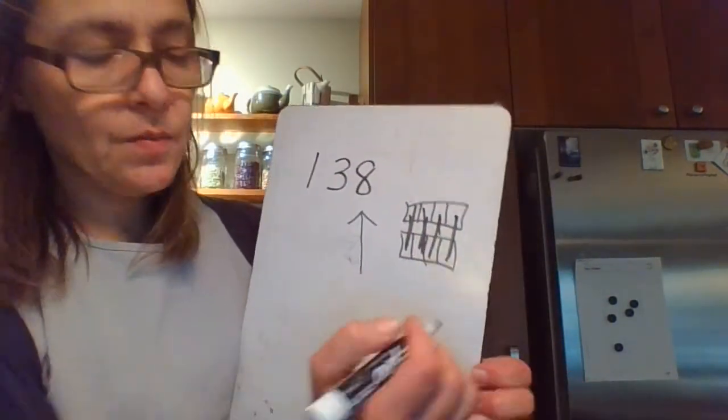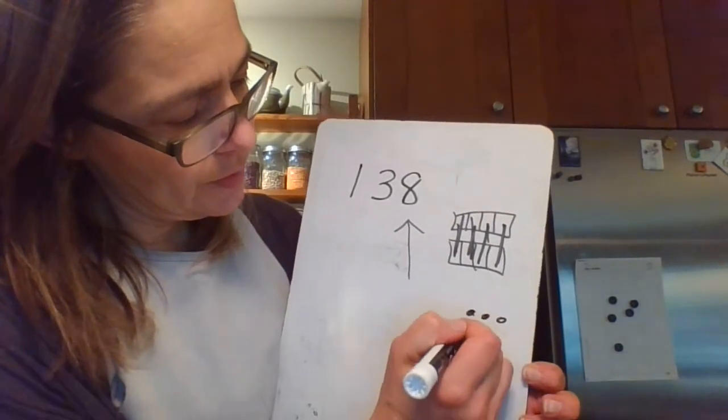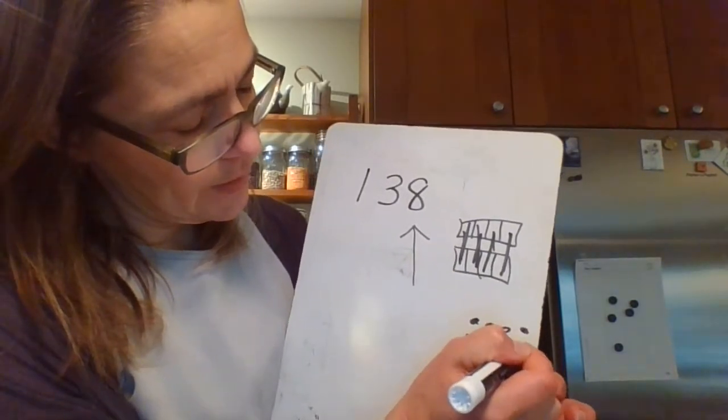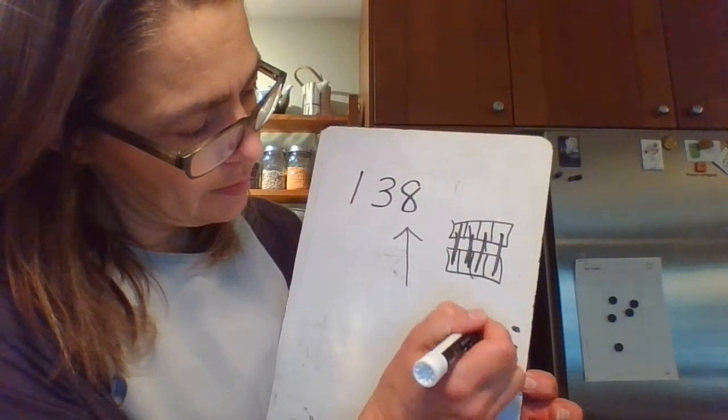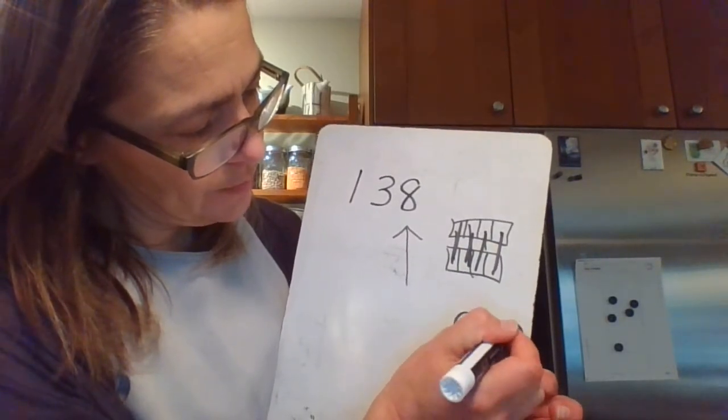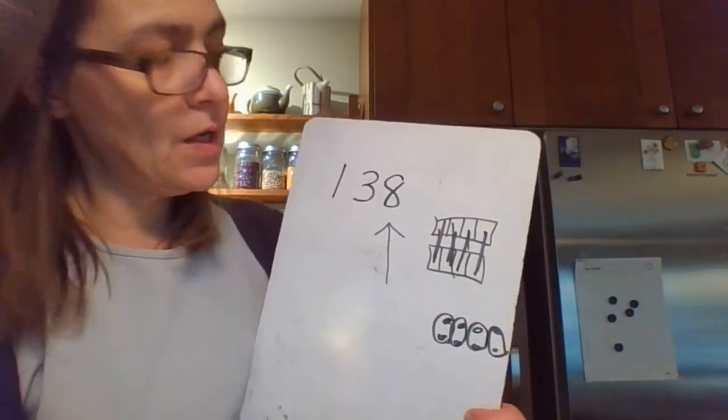Always has a match. You can think of it as counters too. If you have counters and you can pair them up and there's no left over, it is an even number.